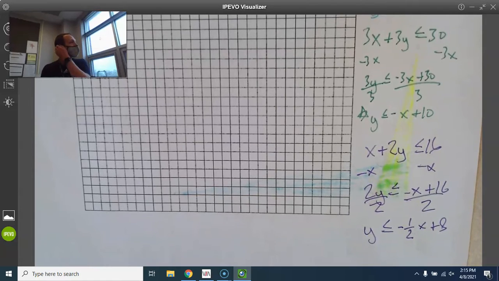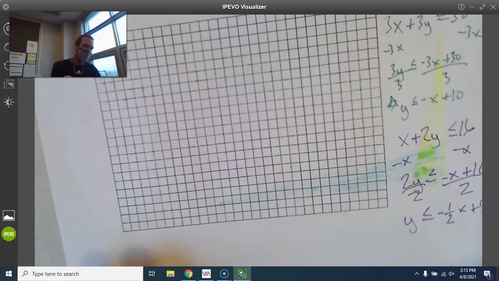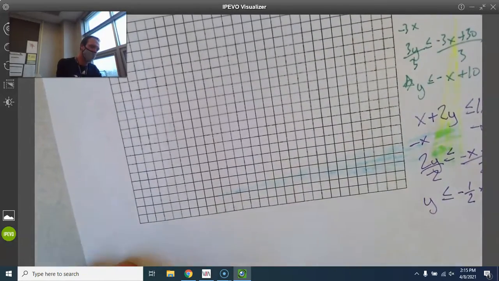So now I can graph these. And then where am I going to shade on all of these? Below. You're going to shade below on all of them. It's all less than, so you're going to shade below. The test point 0, 0 will work for all of them. I'm going to go by ones on my graph.